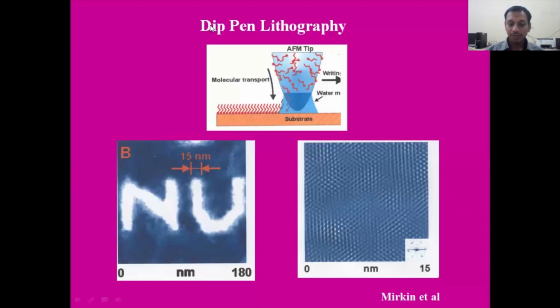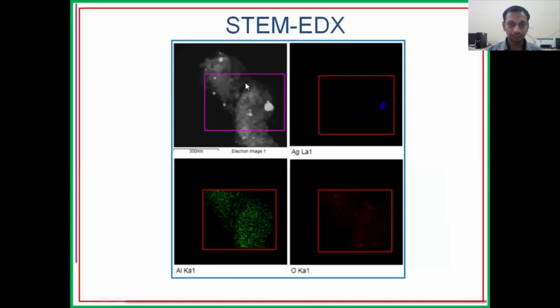STEM with EDX is also very important. This is not with SEM, this is with scanning transmission electron microscopy with EDX. In this way, you can again recognize different elements with different colors. Aluminium is green, silver particles are blue, and oxygen is everywhere in red, and these three color images are the section of this area.